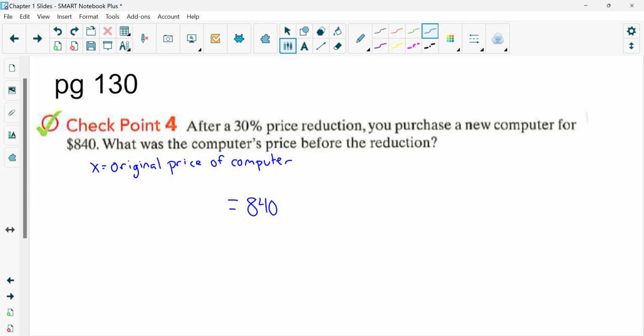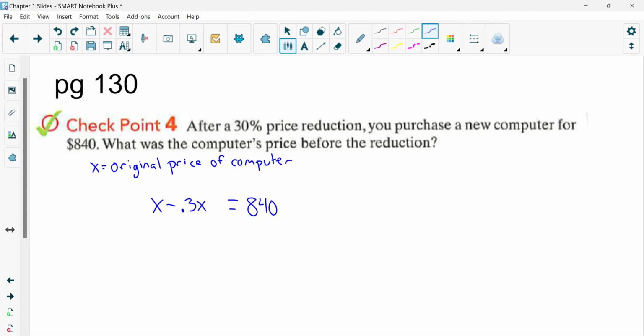One way is I could take my original price, which is x, and then I'd have to take away 30% of my computer price. So 30% of my computer price, I would write as 0.3x.